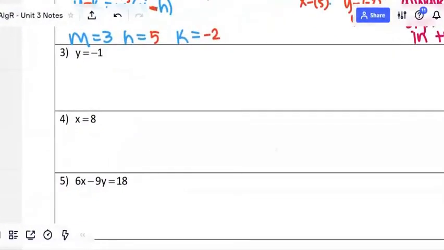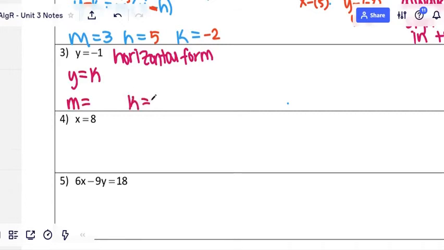So let's write this is horizontal form. And horizontal form is y equals k. The slope of a horizontal line is 0. And k is negative 1.